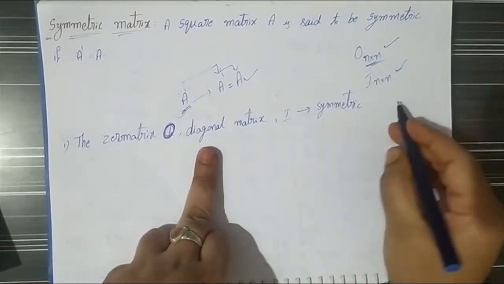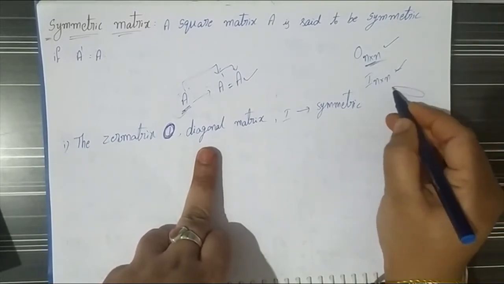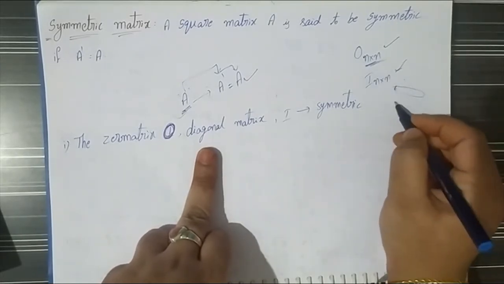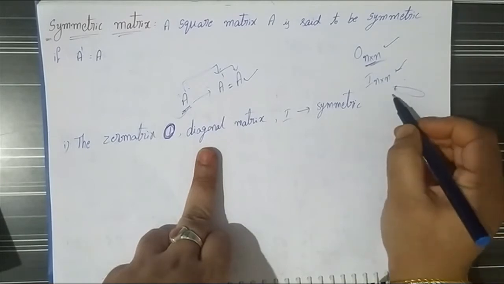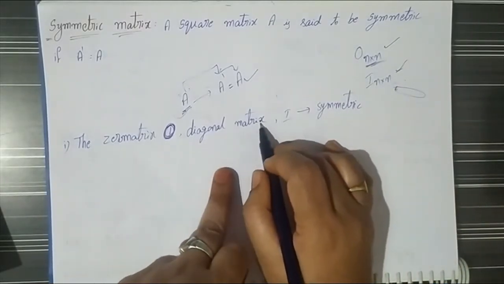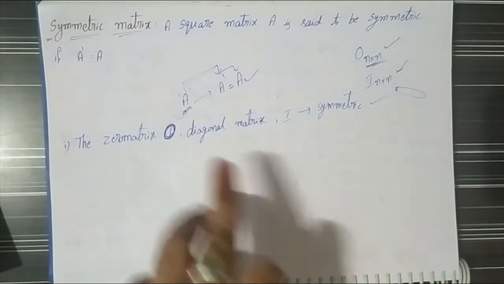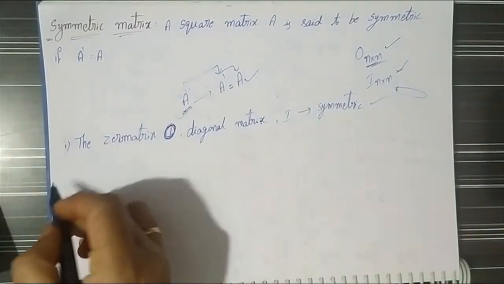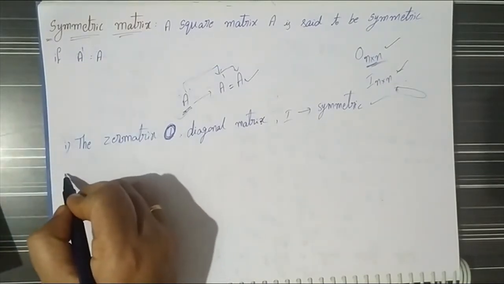A diagonal matrix means the diagonal elements are other than 0 and the other elements are equal to 0. Diagonal matrices are also symmetric matrices. This is one of the points about symmetric matrix.